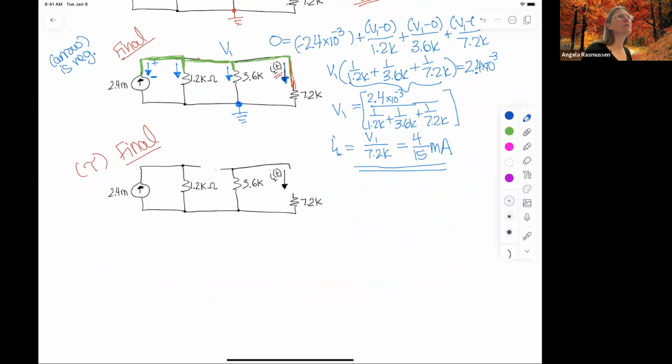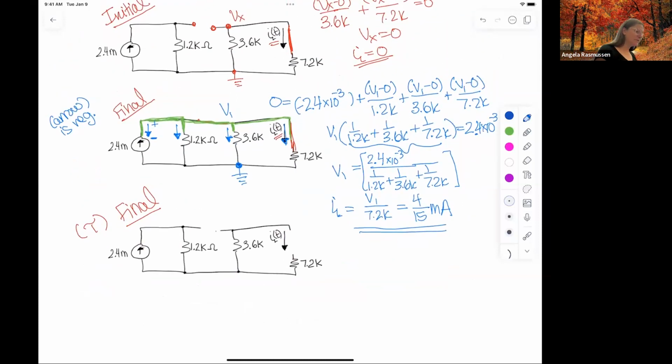I know in this problem, you can just combine all the resistors in parallel. But in the case that you couldn't, would we still be able to combine like the 1.2 and 3.6 and then do the same node voltage that way? Yep. So to simplify this, you could combine and find the voltage V1 that way too. Just combine all those 3 resistors in parallel, and then 2.4 milli times that resistance is going to give you V1.